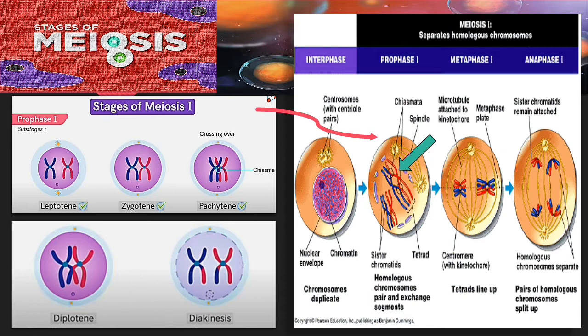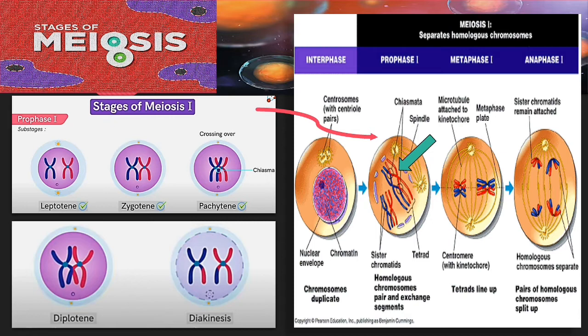This stage is particularly crucial, as a critical genetic phenomenon called crossing over takes place in this stage. The crossing over involves the redistribution and mutual exchange of hereditary material between 2 homologous chromosomes.